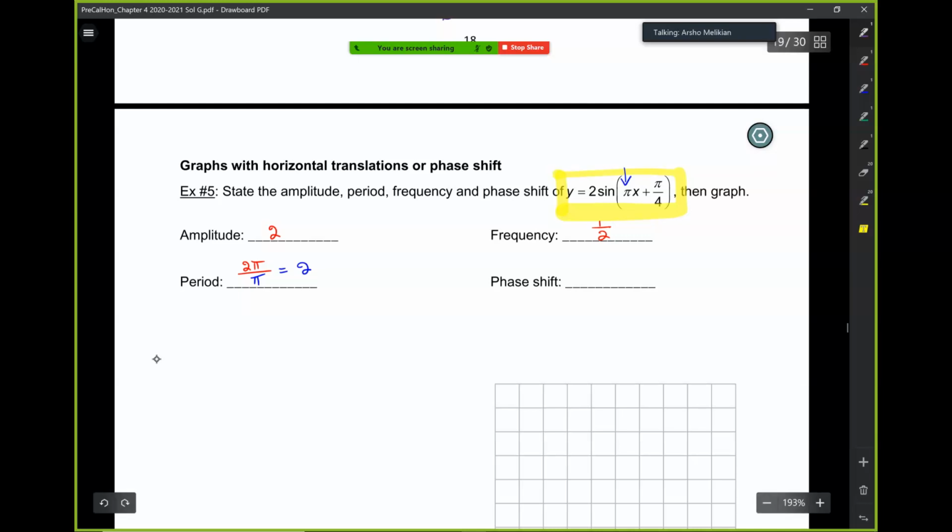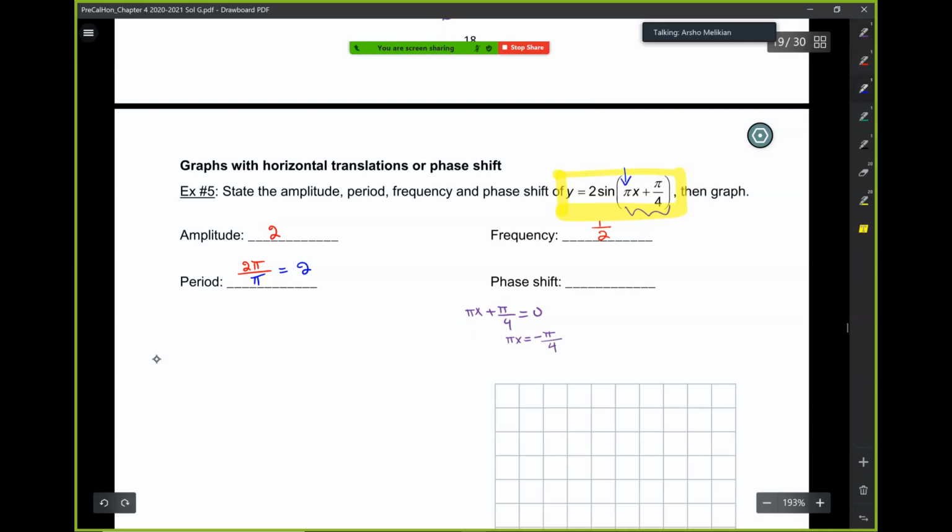Okay, phase shift, I take the stuff after the sine, that's like the argument of the sine. Set it equal to 0. I subtract pi over 4 from both sides. So I have pi x equals negative pi over 4.